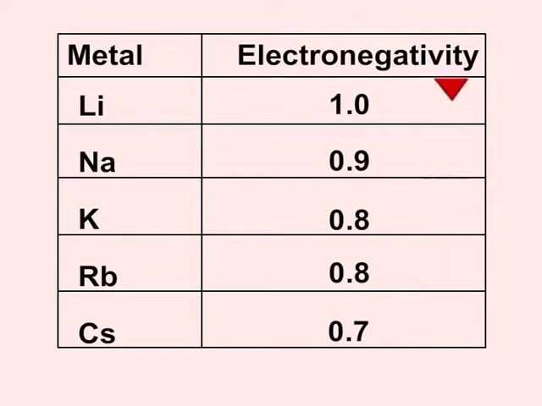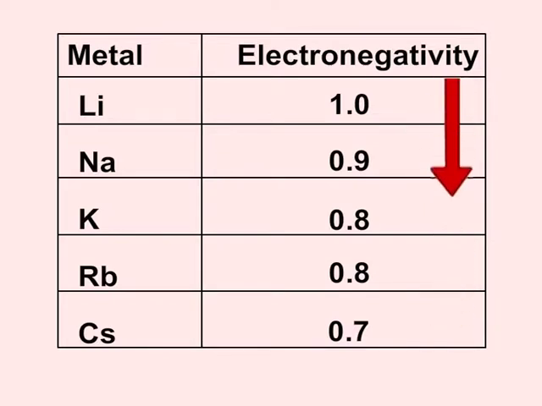It means that they have a very low tendency to attract electrons. It shows that electropositive tendency is just opposite to electronegativity nature. Electropositive character increases from lithium to cesium, whereas electronegativity character decreases from lithium to cesium.